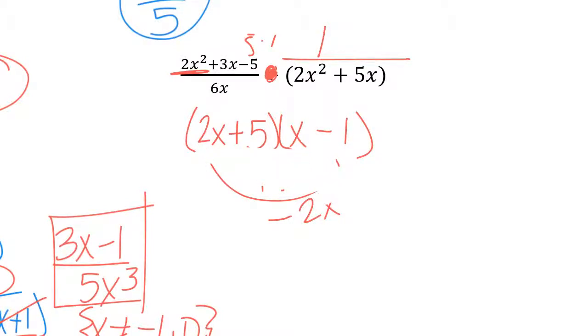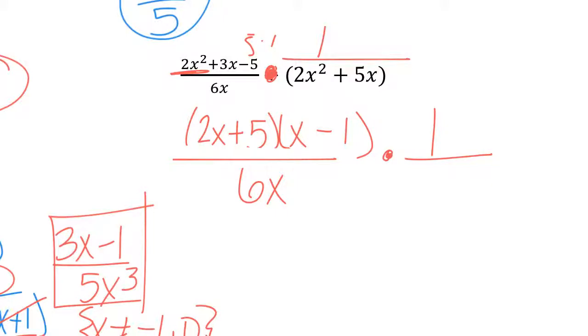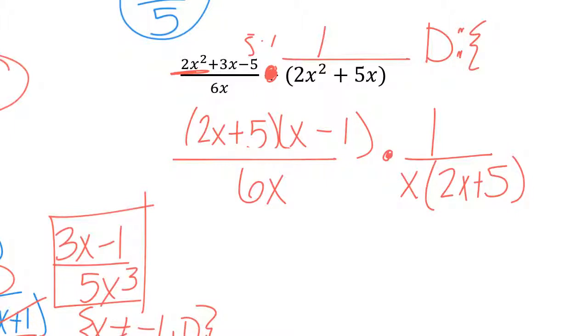And then the denominator is your 6x times 1 over, I can factor out an x, times 2x plus 5. Now, sometimes we might want to look at our domain first. X cannot equal 0. That's from the 6x here.